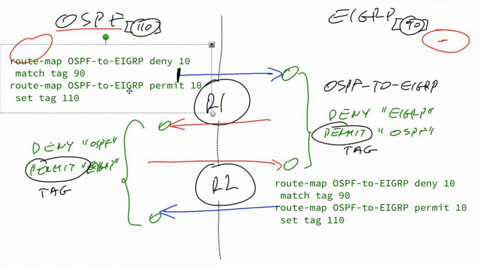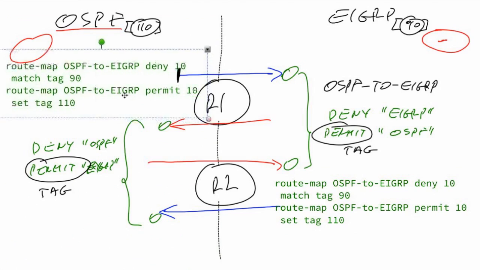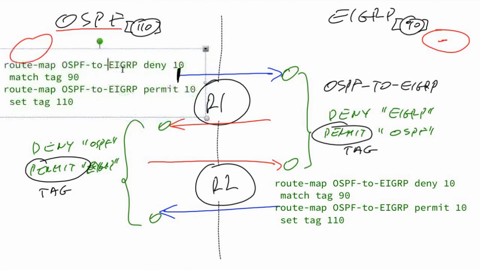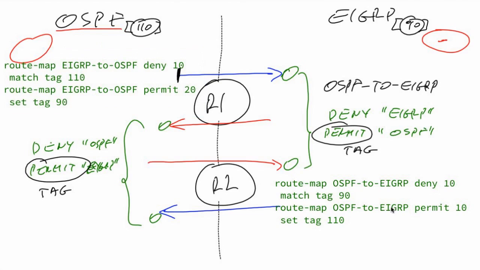So on this side, let me try to find a place where I can put it. So on this side, I'm going to have similar but slightly different policies. So here, I'm going to have EIGRP to OSPF deny 10, and this changes to 110, and this is also EIGRP to OSPF permit. Actually, slight mistake, this needs to be 20, and this here needs to be 20.